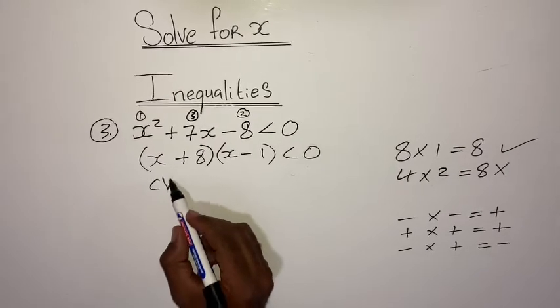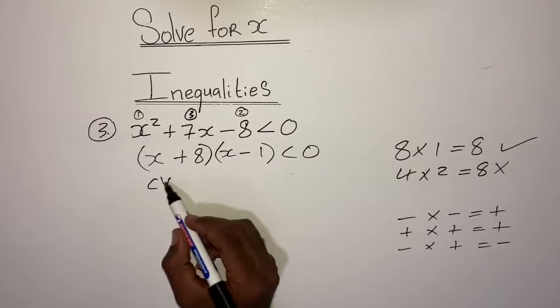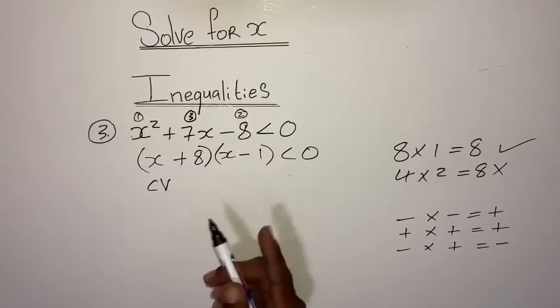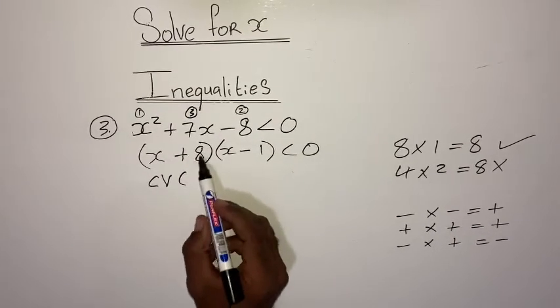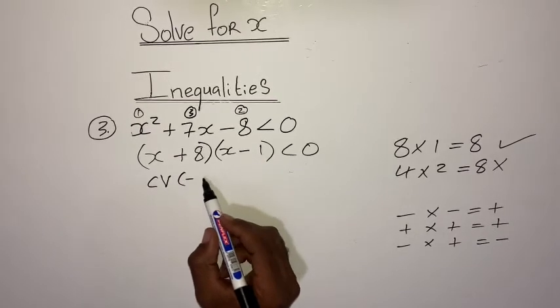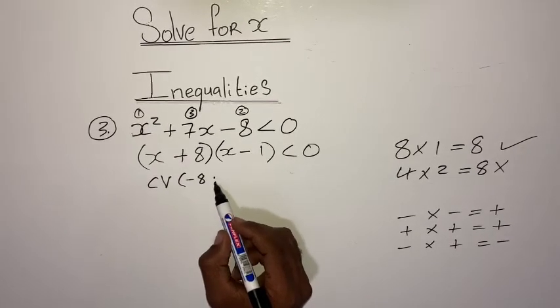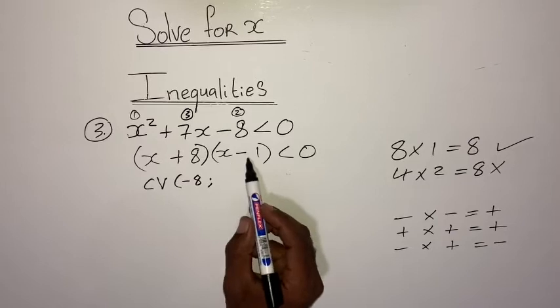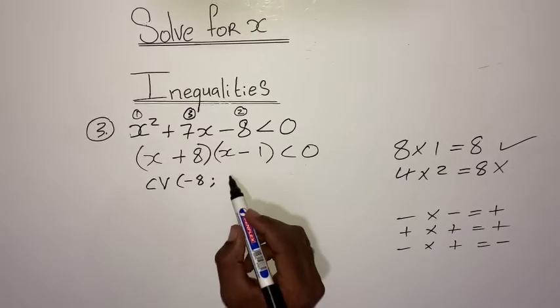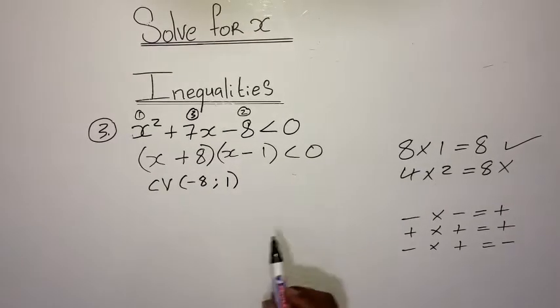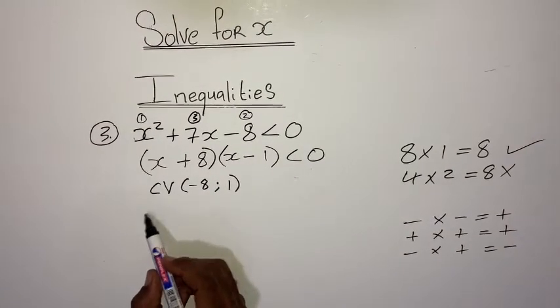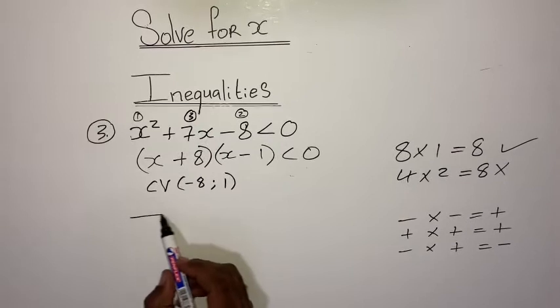Then you go for your critical values. So I just wrote an abbreviation, which is CV for critical values, of which when I factor out this, I'll get a negative 8. Then on this bracket, I'll get a 1. So now, since I have my critical values, I'll have to go to my number line.